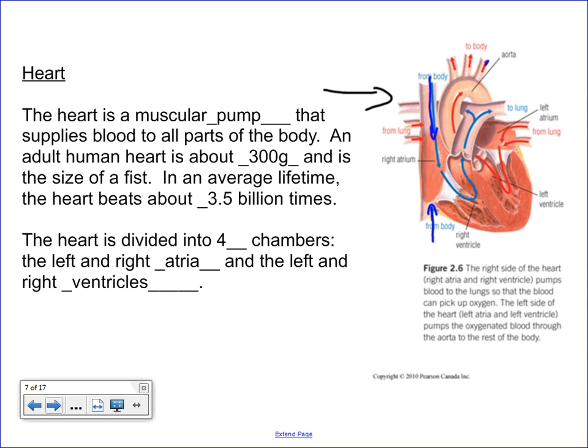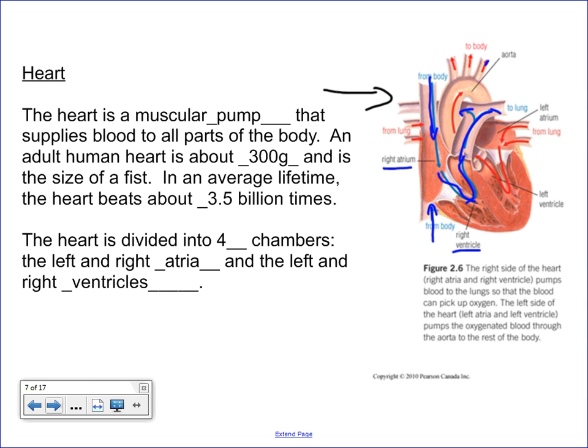The blood enters into the right atrium. The right atrium will then contract, squeezing that blood into the right ventricle. From the right ventricle, that deoxygenated blood is then pumped to the lungs by the pulmonary arteries.